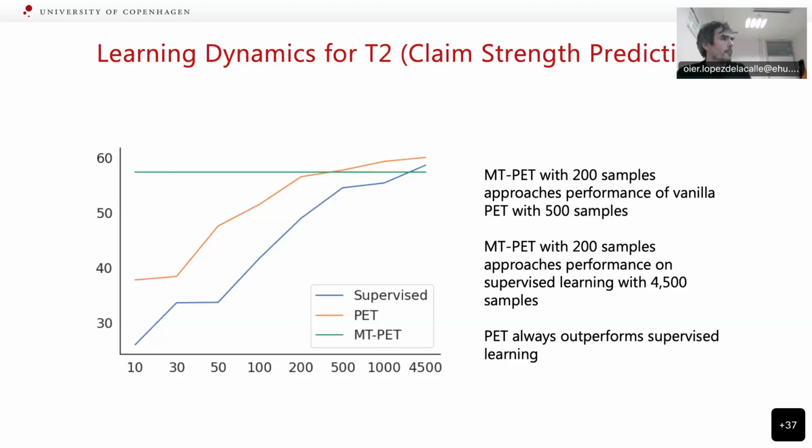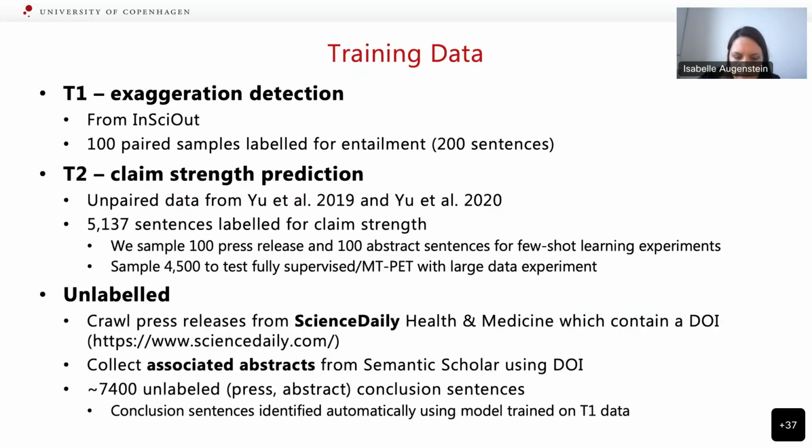I think I have somewhere in the appendix how many examples we actually had, if you're interested. We have really very few examples: just 100 for label entailment, and then 5,000-something for claim strength detection, from which we sample 4,500 and so on.